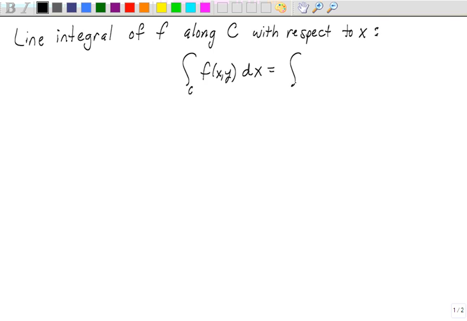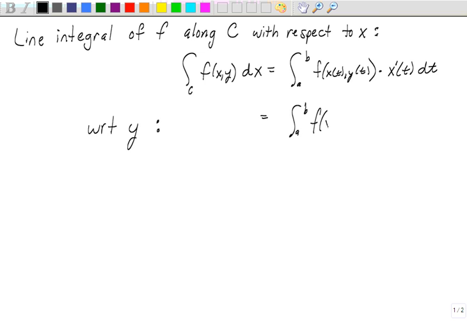And that's going to be the integral from a to b of f of x of t, y of t times x prime of t dt. And we can do it with respect to y. And that's going to be the integral from a to b of f of x.